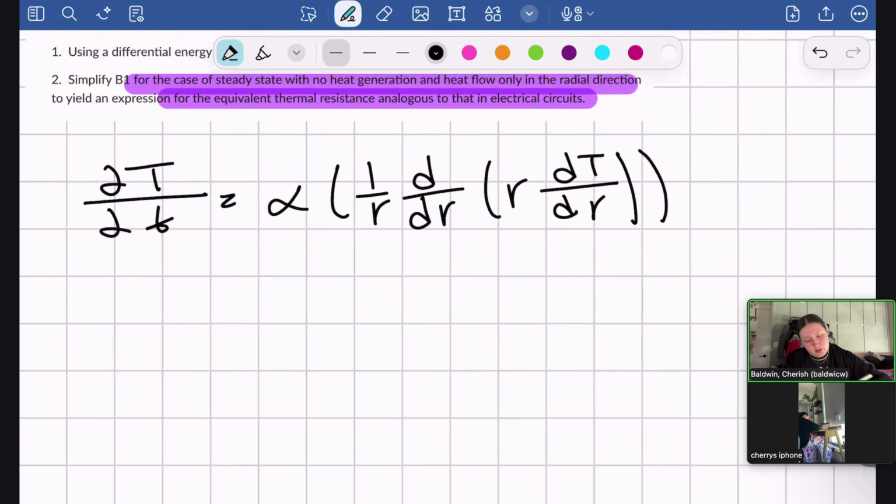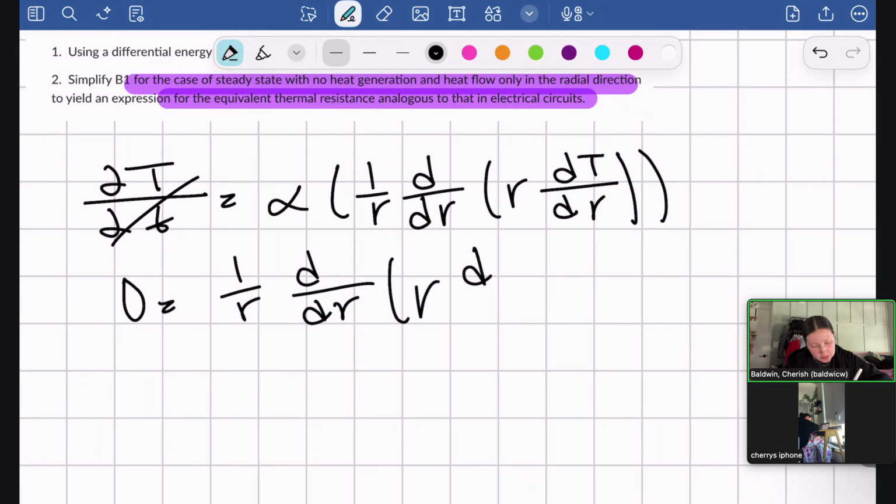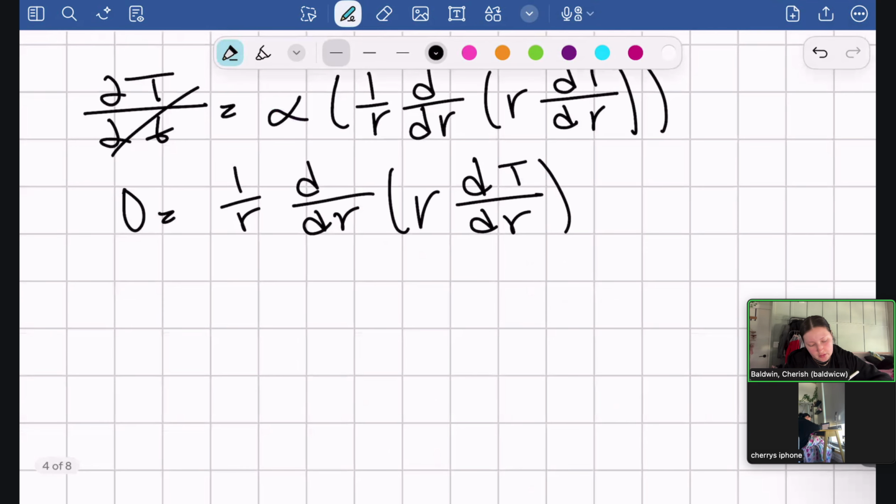So for steady state, this is equal to 0. And then you also cancel out heat diffusivity. So that leaves you 1 over R, d over dr times R dT dr. And then you cancel out these.